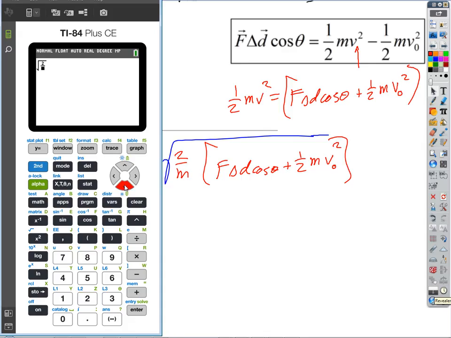So 2 divided by m is 100, right? Times the quantity. Force was 100 newtons, so F is 100.